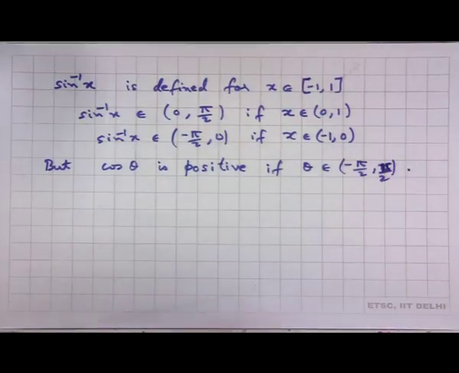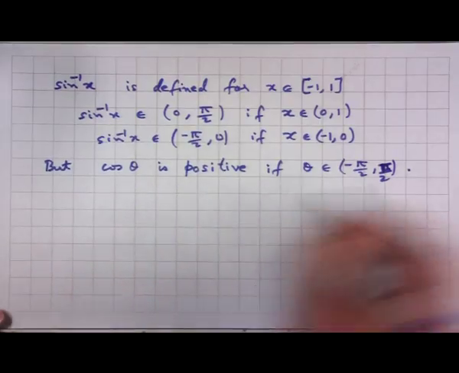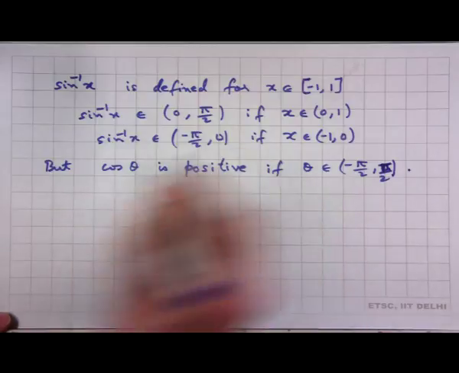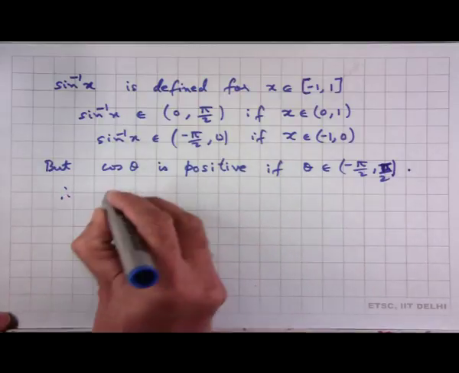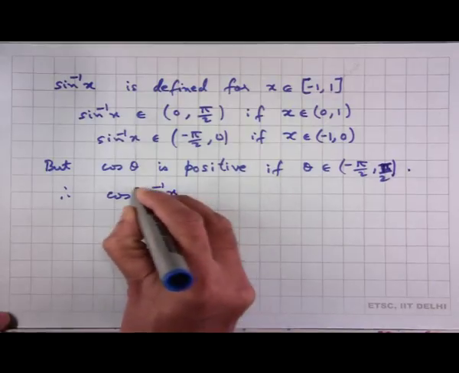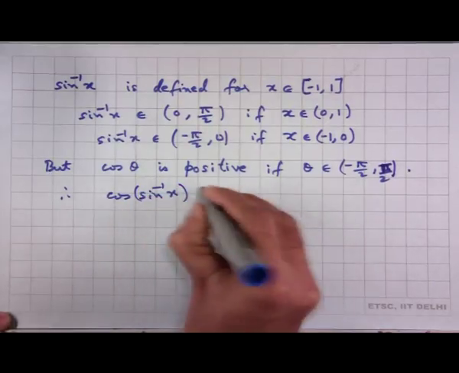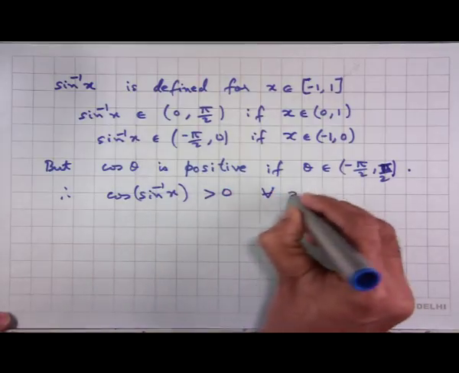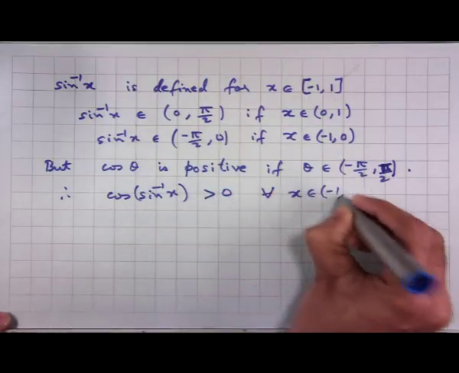Right. In the first quadrant and fourth quadrant, both cosine is an even function. So, it is always positive in minus pi by 2 to pi by 2. So, therefore, cos of sine inverse of x is positive for all x between minus 1 and 1.